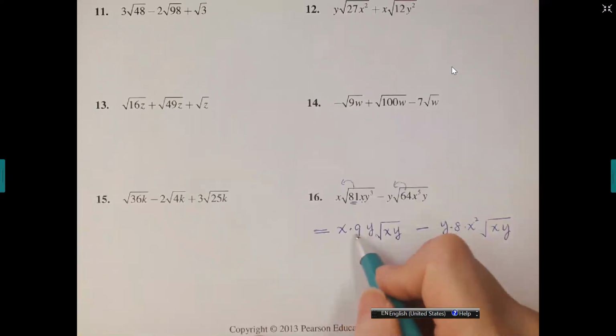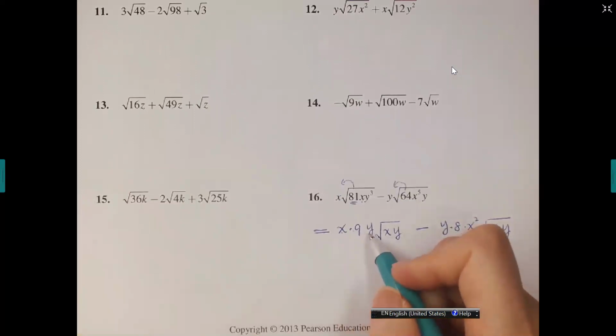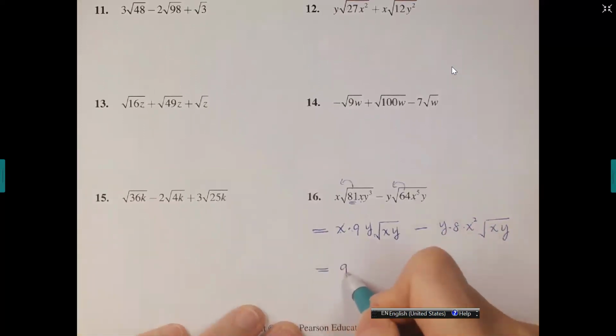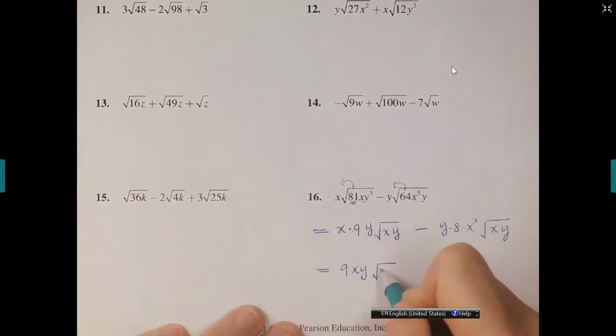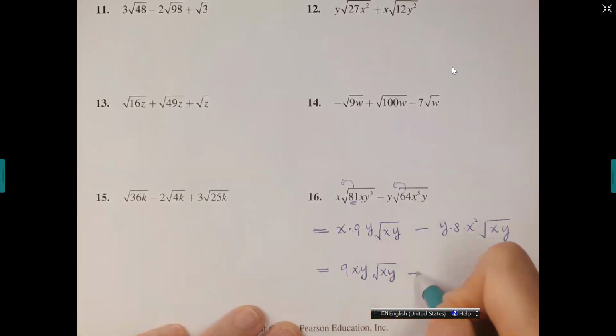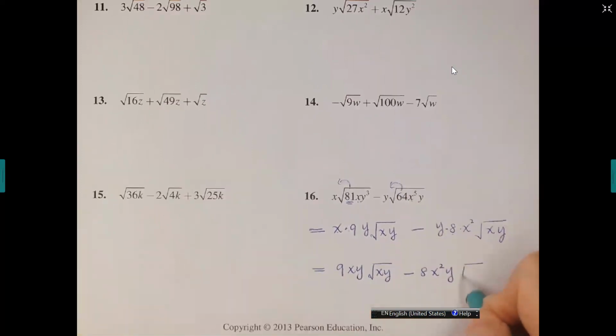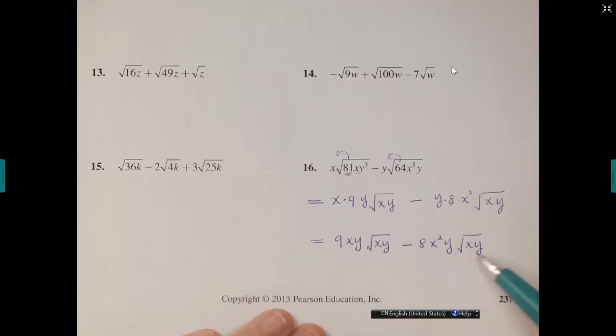Then just resort the factors: x times 9 times y, we write this in alphabetical order, but the number always comes first. That equals 9xy radical xy, minus 8x squared y, following alphabetical order, radical xy. Then I ask myself, are those two like terms?